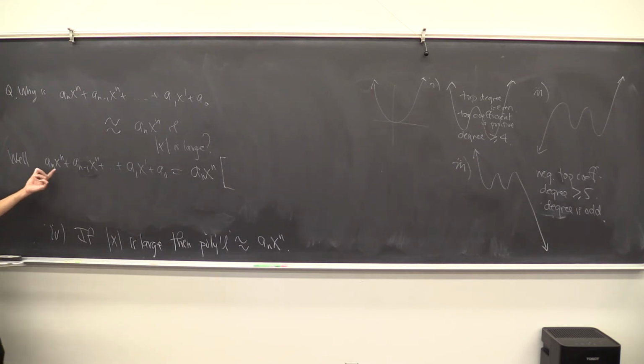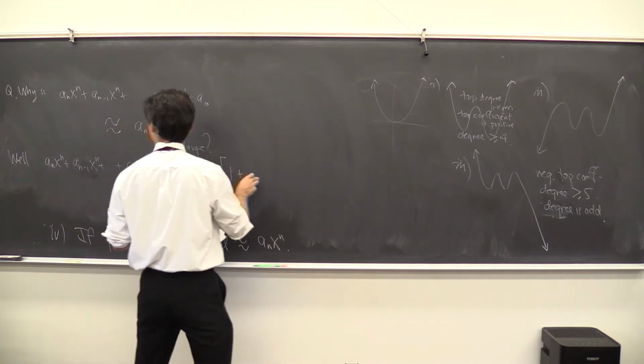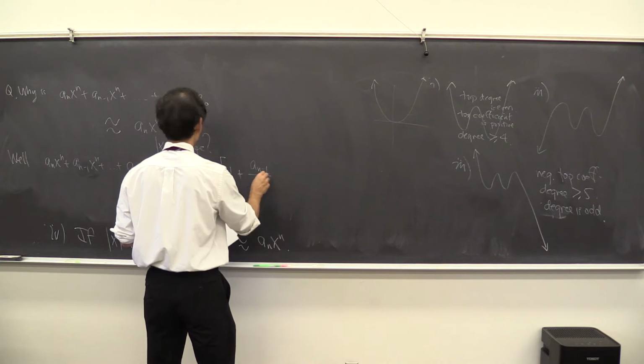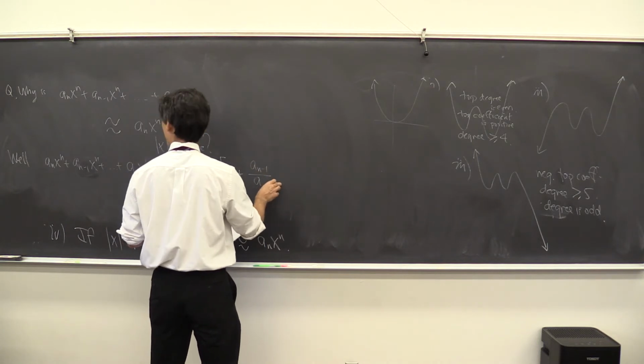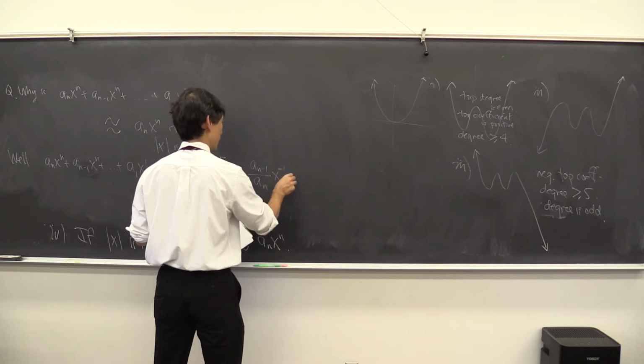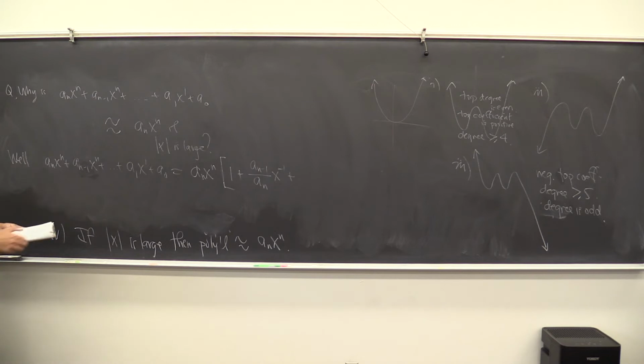So we're going to get this 1 here. The second thing we're going to get is a_(n-1) over a_n and then we would have x to the negative 1. That will give us the second term. You guys see that?